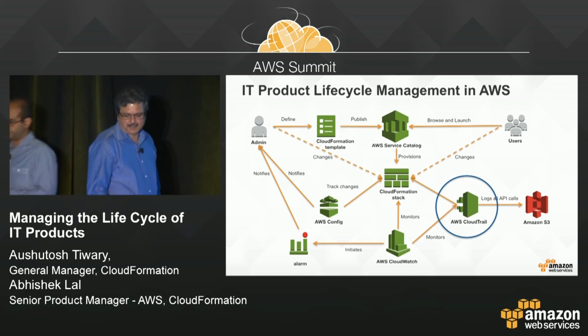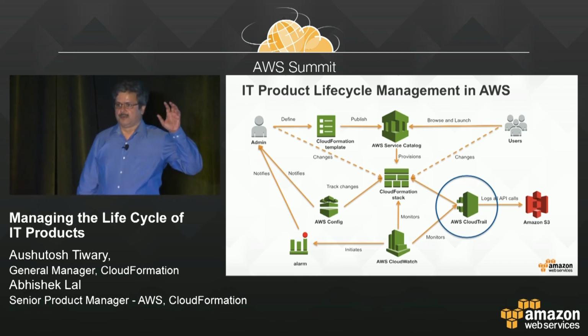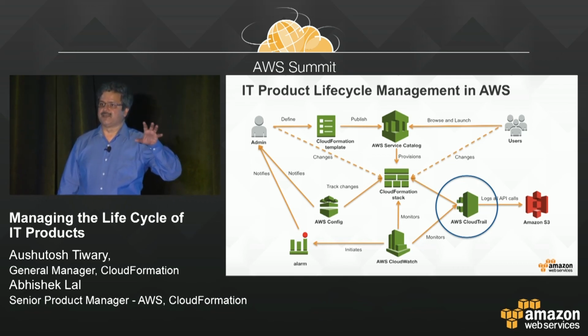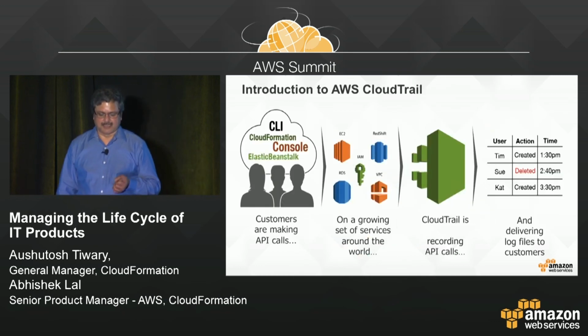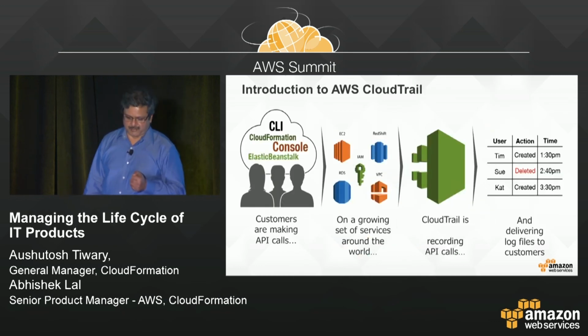Thanks, Abhishek. So we are now on to the last service that IT administrators would use to govern their environment or manage compliance. As the resources are being used, there are API calls being made against them. AWS CloudTrail actually records those API calls.